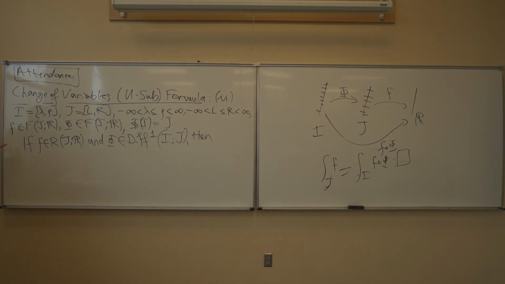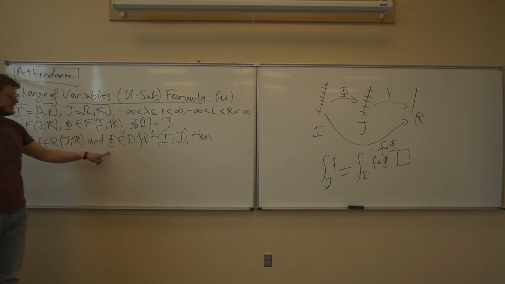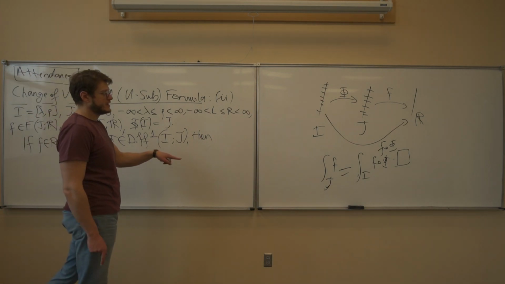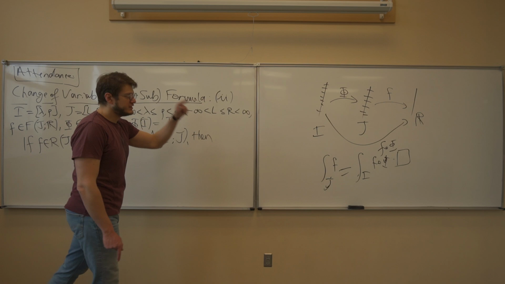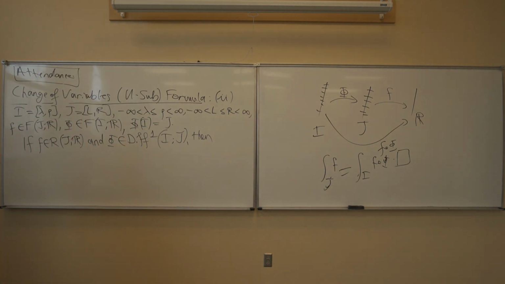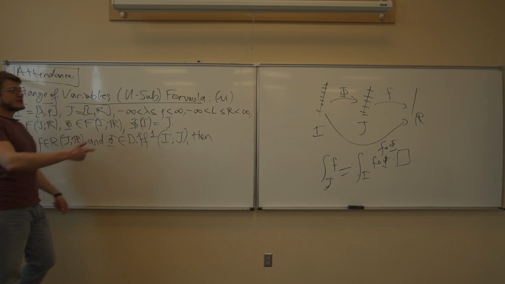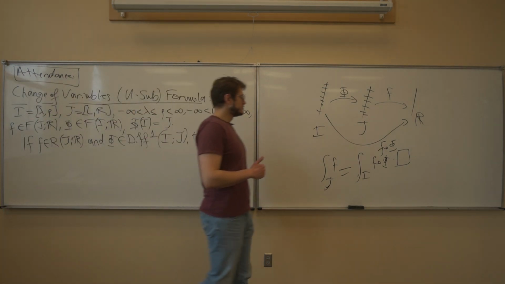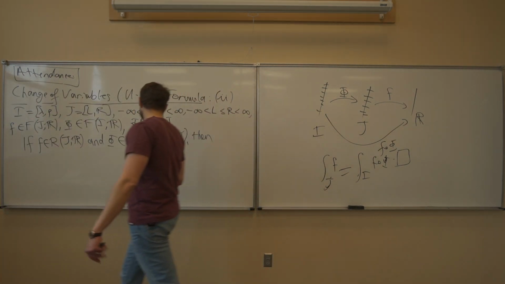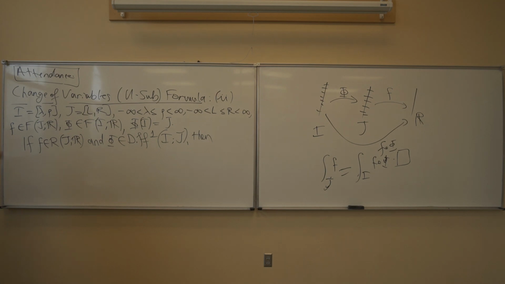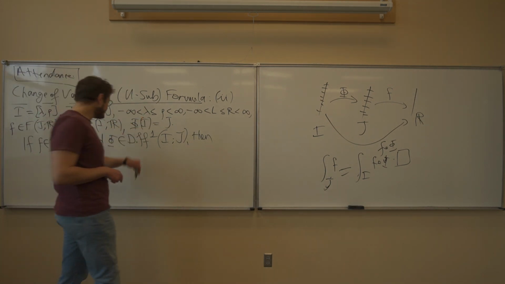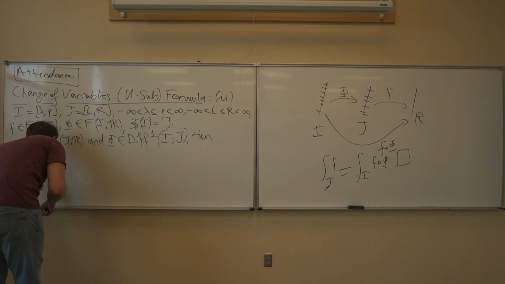So f is Riemann integrable on J, and phi is a C1 diffeomorphism from I to J. That is to say, phi is continuously differentiable. It is differentiable, and furthermore, its derivative is continuous. And its inverse exists, and it too is continuously differentiable. It's a diffeomorphism. In other words, it preserves the differentiable structure. Then I have the following formula.